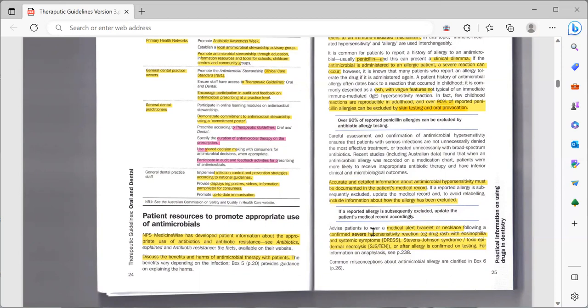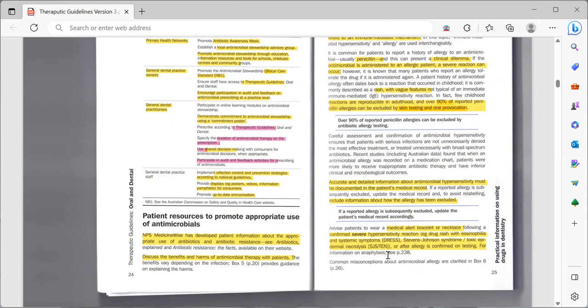After the test, if it is confirmed that the patient is allergic, then you advise the patient to wear a medical alert bracelet or necklace. This applies following a confirmed severe hypersensitivity reaction, for example drug rash with eosinophilia and systemic symptoms, Stevens-Johnson syndrome, toxic epidermal necrolysis, or after the allergy is confirmed on testing. For information on anaphylaxis, we will read in the following pages in the emergency chapter.